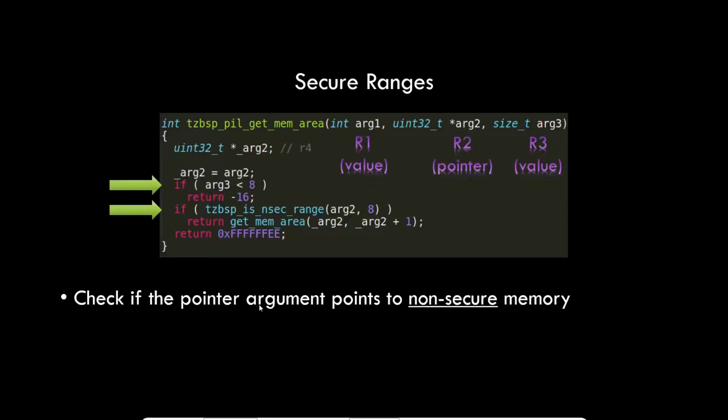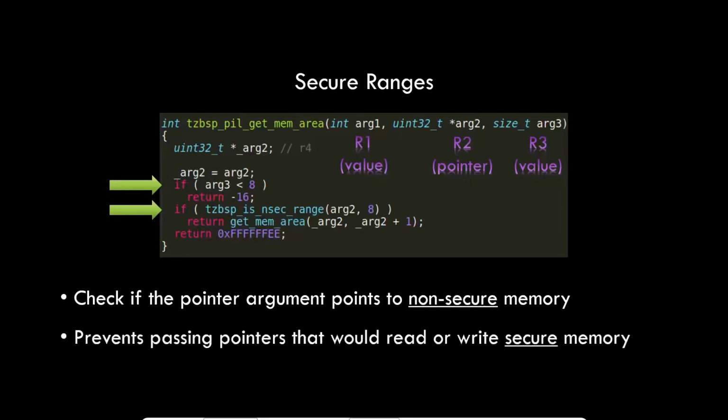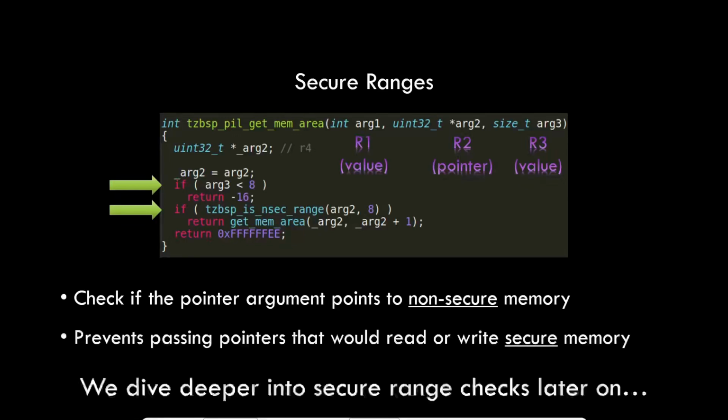So you need to find a way of verifying if the pointer you receive, which is a physical pointer, by the way, because that's the way it must be in this case, belongs to non-secure memory. So basically, this check prevents bouncing pointers that would read or write to secure memory, because in principle, this R2 could point anywhere. It's just a physical address. So someone on the TEE side that is aware of where secure memory is should be in charge of checking it. We are going to go a bit deeper into the secure range, just in the checks.